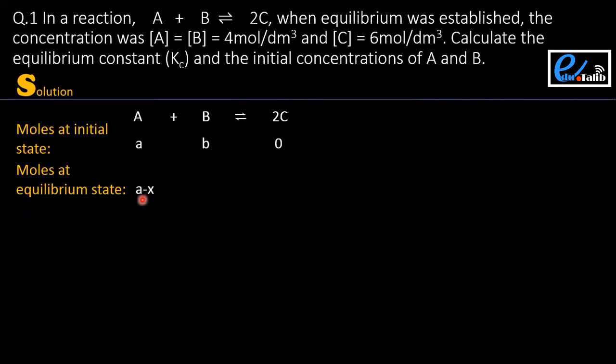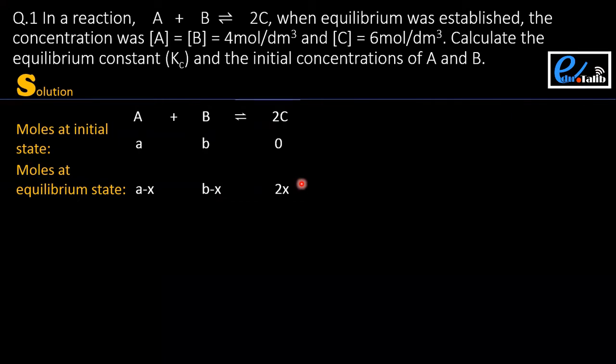So the remaining moles after equilibrium has been established is a minus x. For reactant B, the remaining moles after equilibrium is b minus x. Since 2 moles of C are being formed, the number of moles of the product would be 2x.